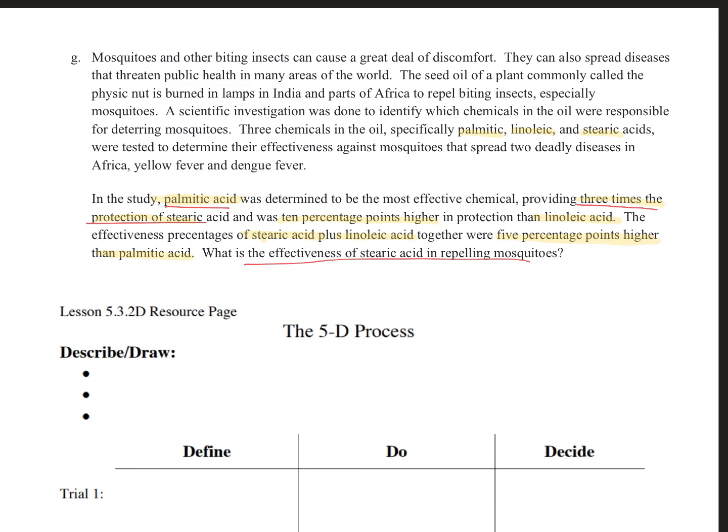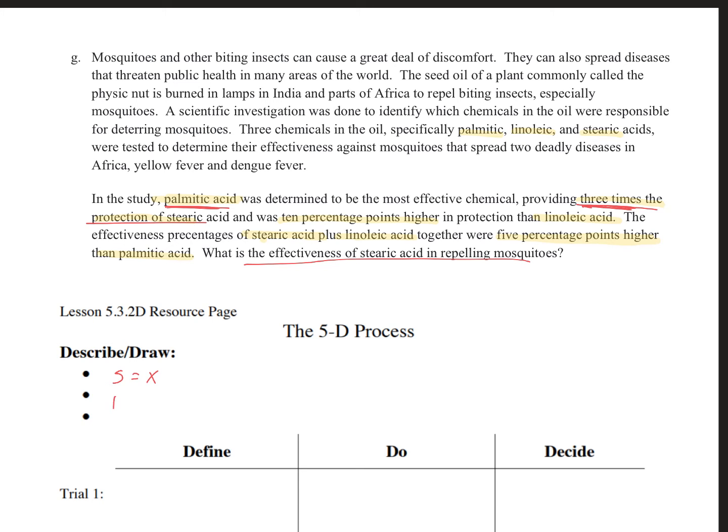So I'm going to say that S is equal to the effectiveness of stearic acid, and we don't know what S is. That's our starting point, so we're going to call that X. If S is equal to X, then palmitic acid is 3 times that.